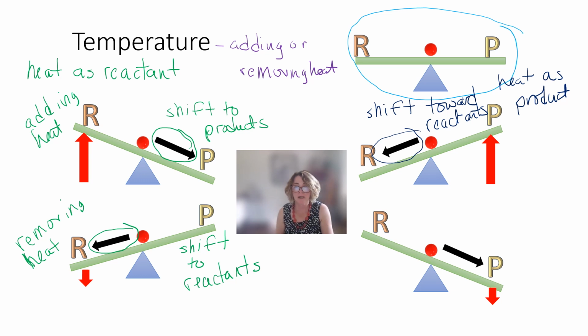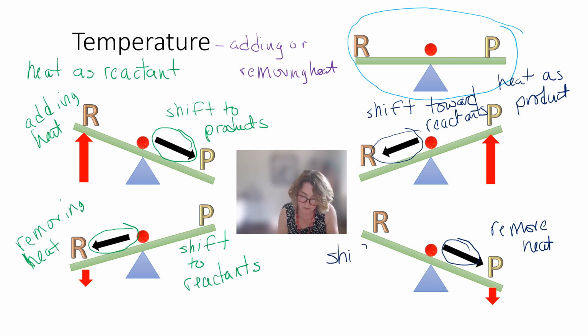And on the flip side, if I remove heat, I cause the ball to shift towards the products, and so in this case my equilibrium will shift to the products.